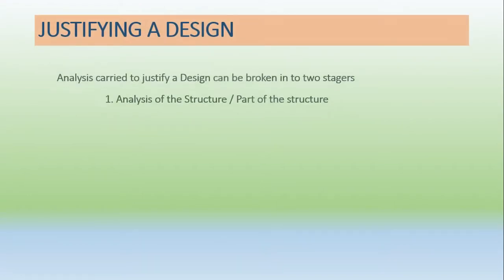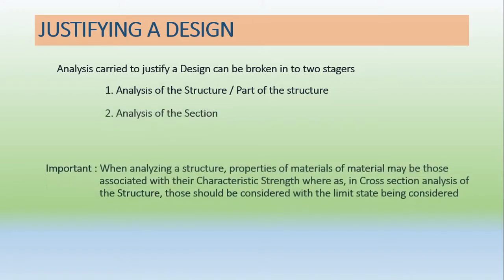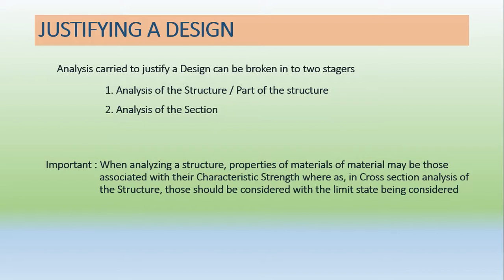Justifying a design. Let's talk about a few small things about justifying a design. The analysis carried out to justify a design can be broken into two stages: the analysis of the structure or part of the structure. You can analyze the total structure, and also a part of the structure, and you can even analyze a section.